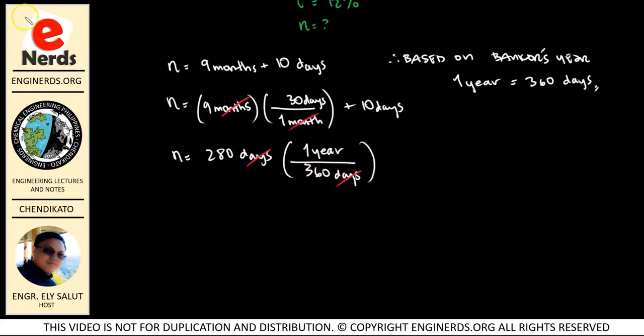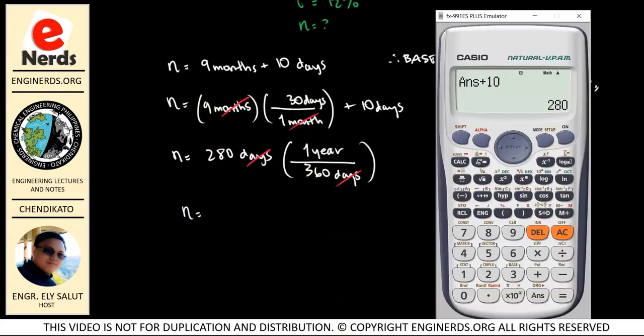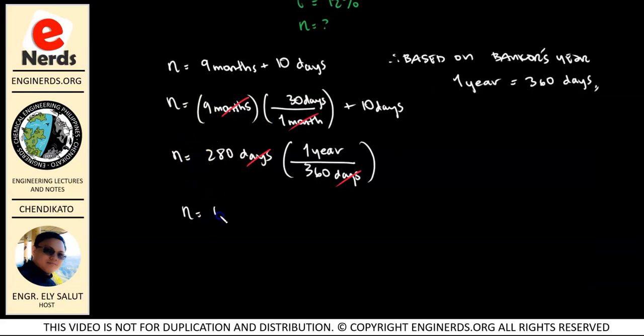Okay, so our N will be equal to 280 divided by 360. So, 280 divided by 360 is equal to 0.7778, no? So, we'll have 0.7778 years.